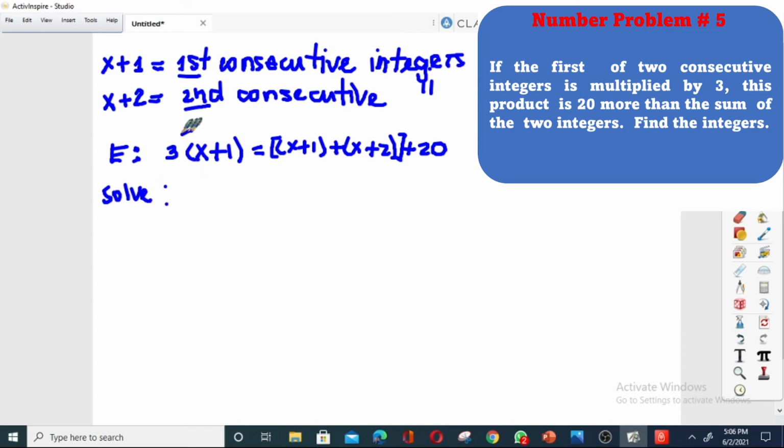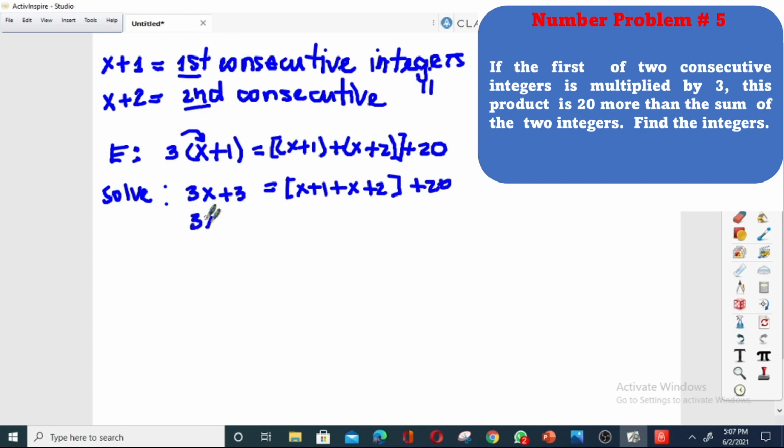Distribute, let us distribute one by one. So this is 3x plus 3 is equal to, let us simplify the inner expression. This is x plus 1. Anyway, this is only the sum, plus 2, plus 20.